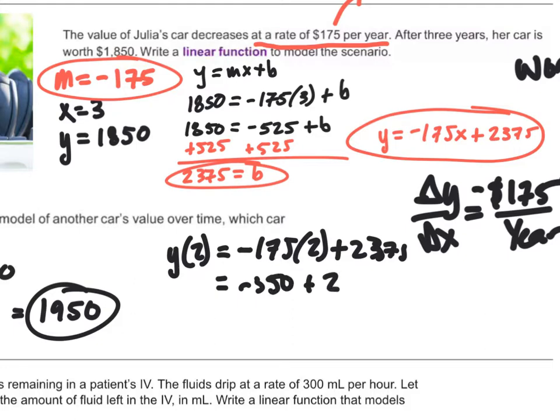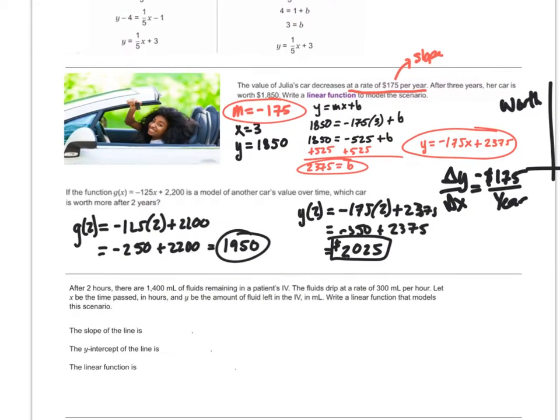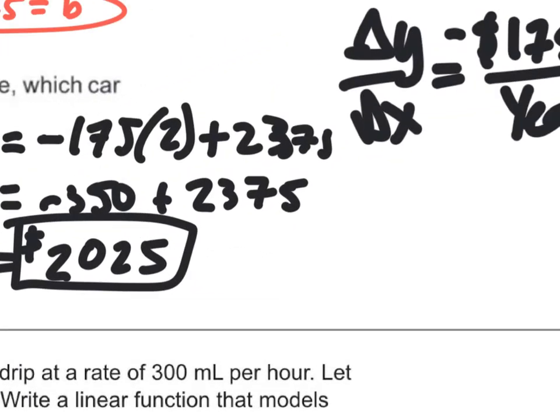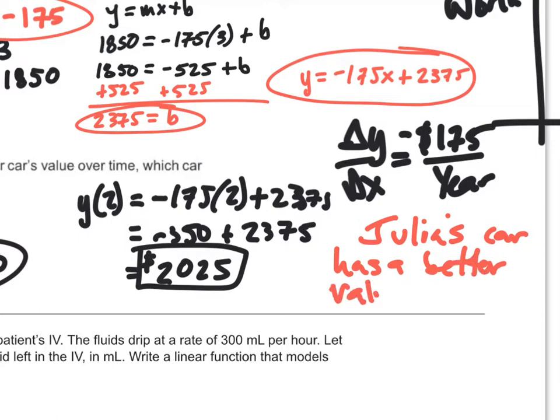And then plus 2,375, and that's going to give me a value of $2,025 after 2 years. So the car that Julia drove, I would say that Julia's car has a better value after 2 years.